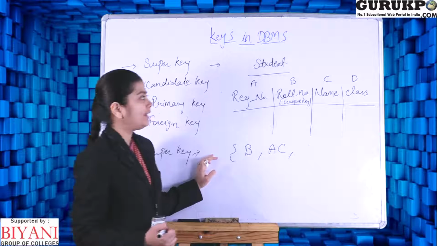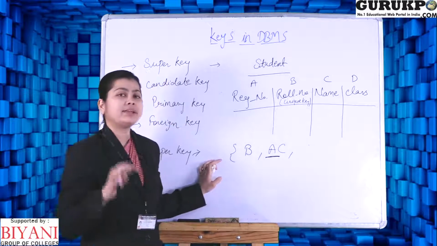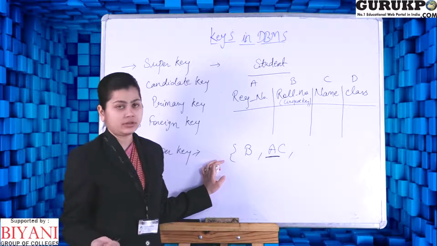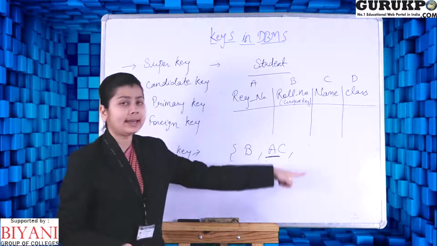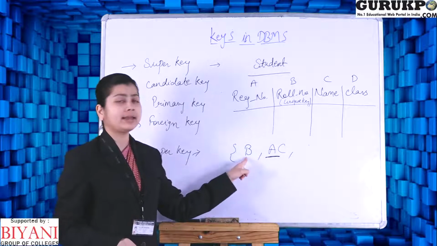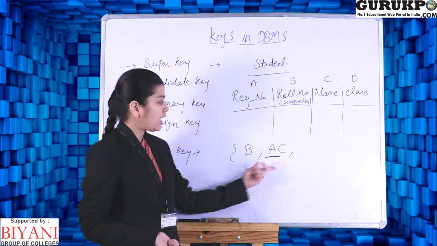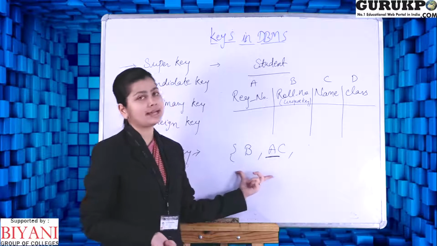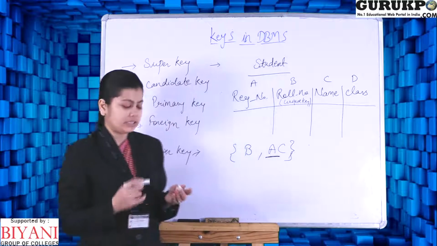We cannot take A and D because here we already considered A, and the attributes cannot repeat. Duplicacy is not allowed in our candidate key, so we cannot take A again, or B again, or C again, because these are already considered in this set. So here the candidate keys are B and AC.